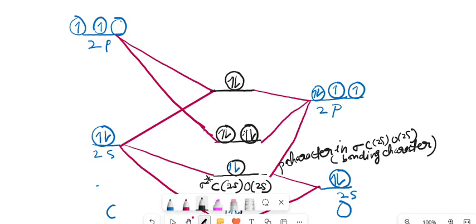So pi 2p is lower in energy level as compared to sigma 2p due to sp intermixing, and the sp intermixing is more pronounced in the case of carbon monoxide, as there is a difference in electronegativities of the two atoms, carbon and oxygen. So this is pi 2p. This is sigma C2p O2p.